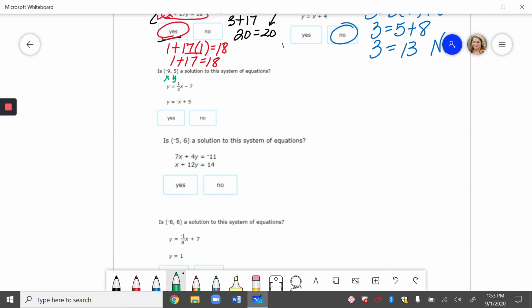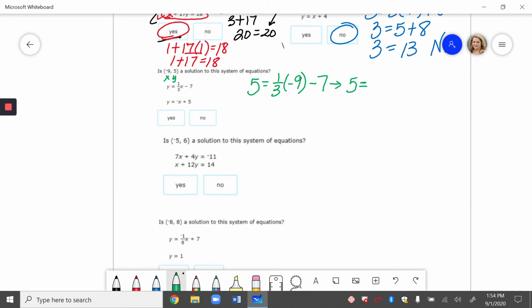X and Y. So we're going to put 5 in for Y equals 1 over 3 times X minus 7. What are we going to put in for X? Negative 9. Bring the 5 down. 1 over 3 times negative 9 is the same thing as saying take a third of 9.